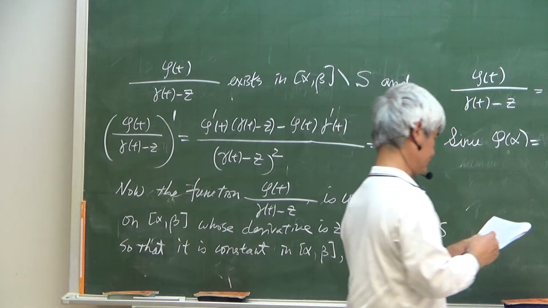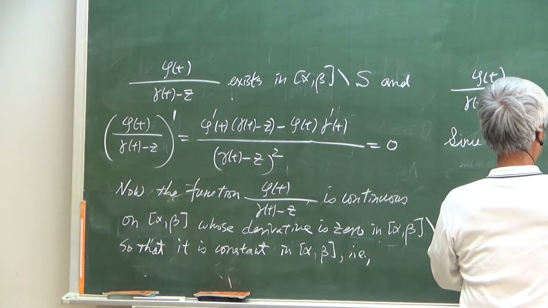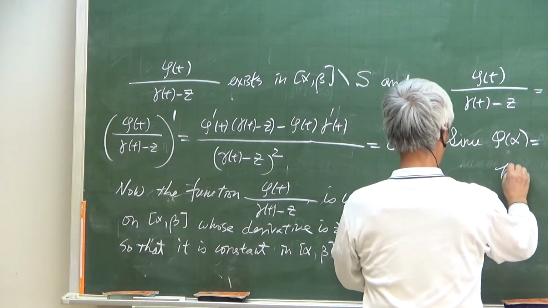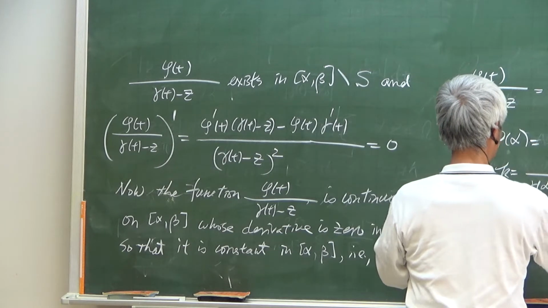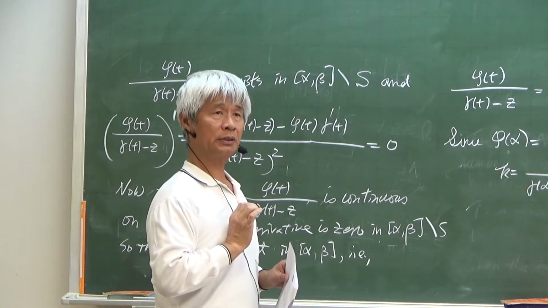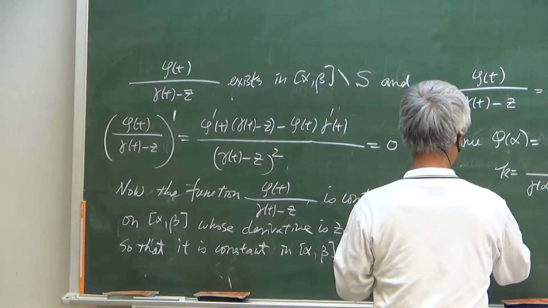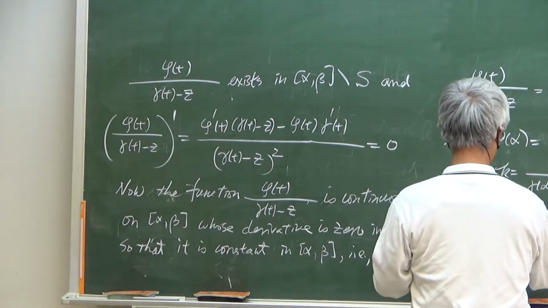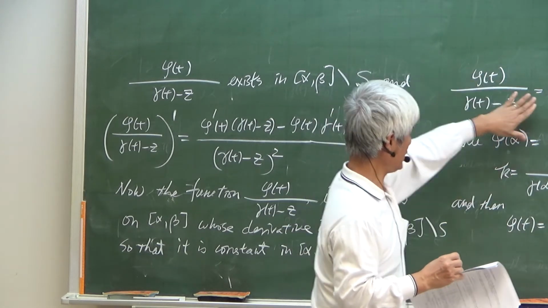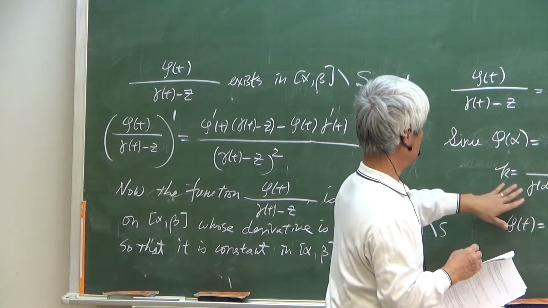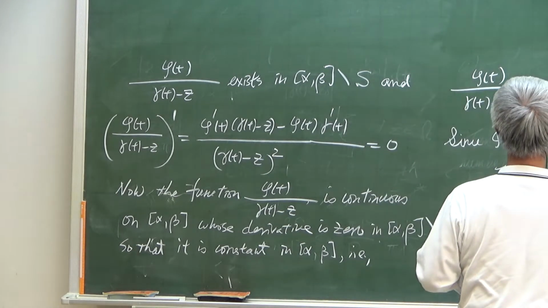So what is k? k is 1 over gamma alpha minus z. We just put it in, and then we know what phi t is, because k is this number.